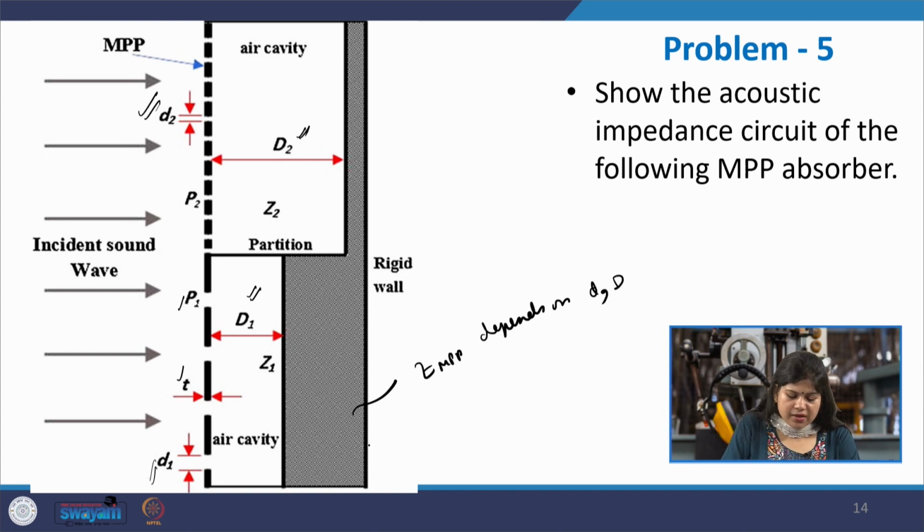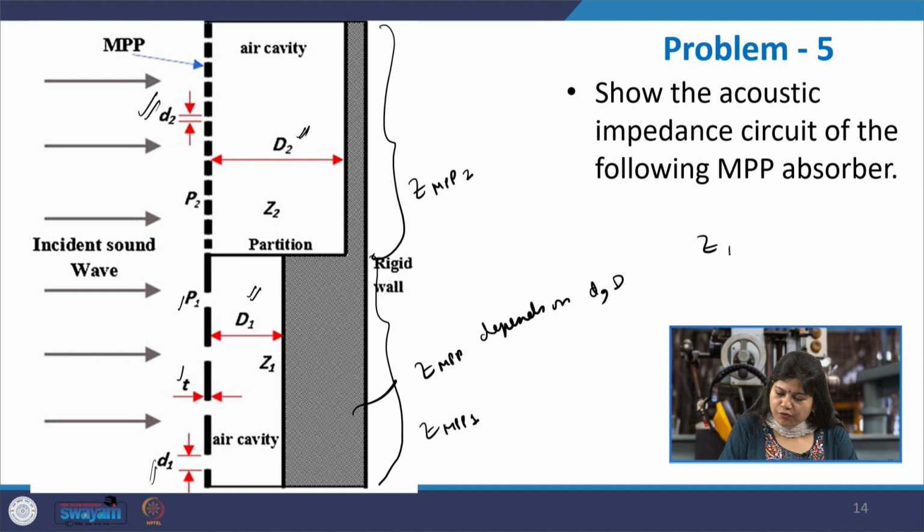So, here for this part it would be some Z of MPP 1, and for this part the acoustic impedance would be Z of MPP 2, and Z of MPP 1 should not be equal to Z of MPP 2, because these parameters are changing. In general they will not be equal.